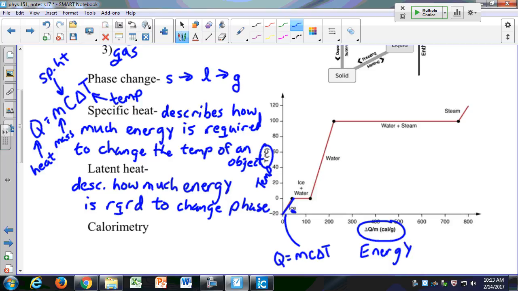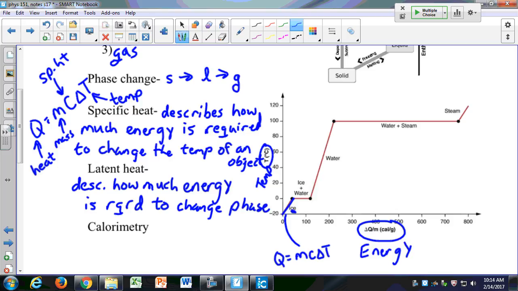Sweat, right? We get water on our skin, and when water is on our skin, it turns from a liquid to a gas, and that latent heat is what carries energy away from our body and allows us to cool a lot. It's actually a very effective way to cool our body. So this is our latent heat, and then we get water at 0 degrees Celsius, and as we add more energy in this direction, it raises the temperature.